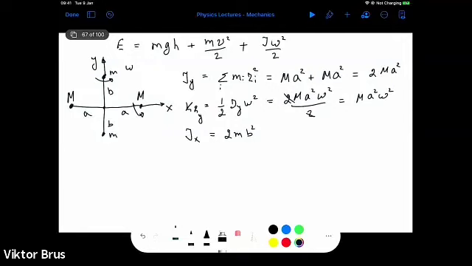Okay, so now let us consider the case when all masses contribute to the moment of inertia.